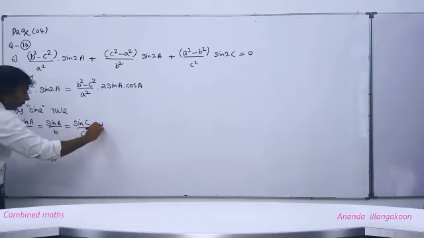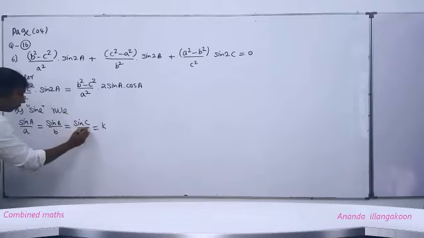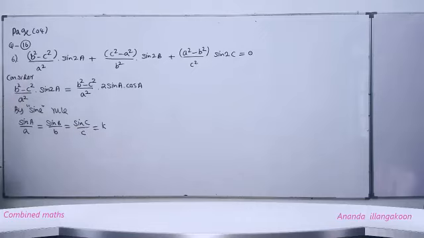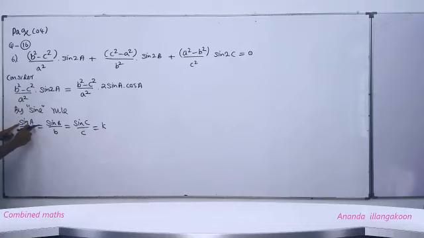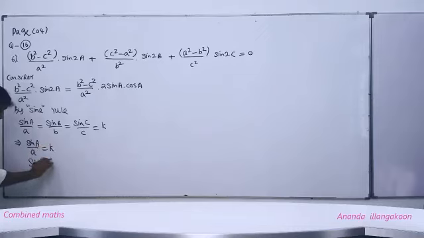We take this as k, no? Then we can equate sin A by a to k. Thereby you can get an answer for sin A. This implies sin A by a is equal to k. Then this is nothing but sin A equals ka.